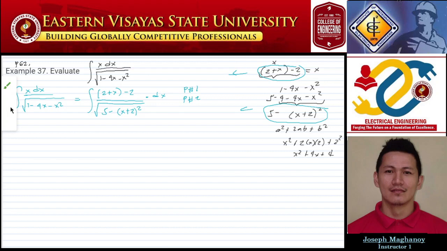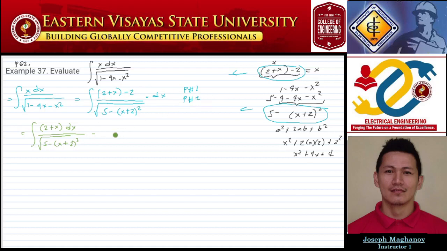Doing so, rewrite this one, applying our property number 1: the integral of 2 plus x dx all over square root of 5 minus quantity x plus 2 squared, minus, we have 2 as our real number constant.